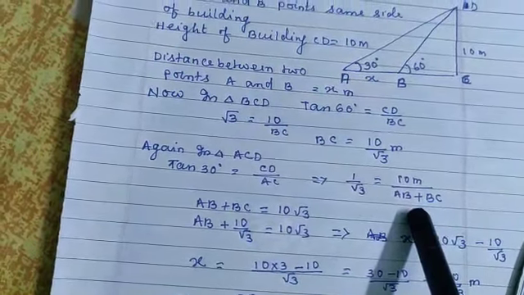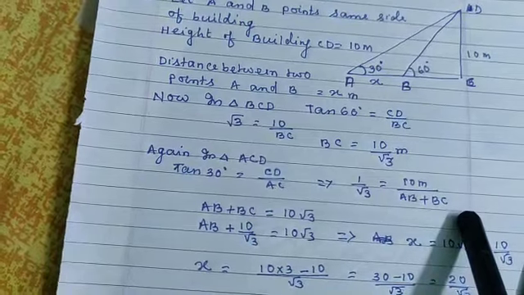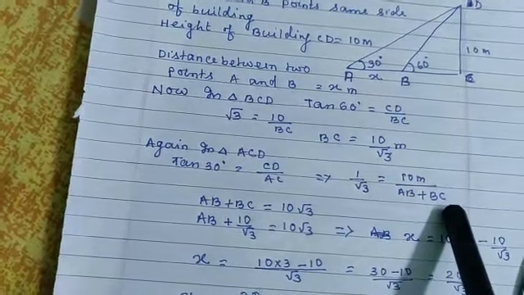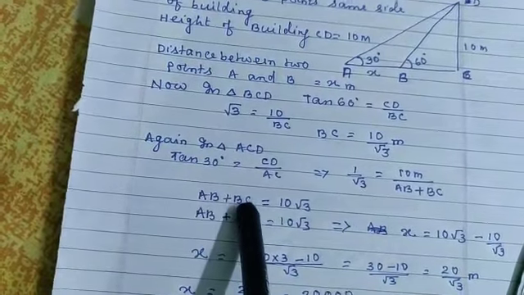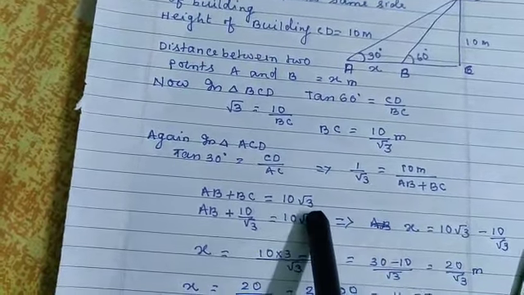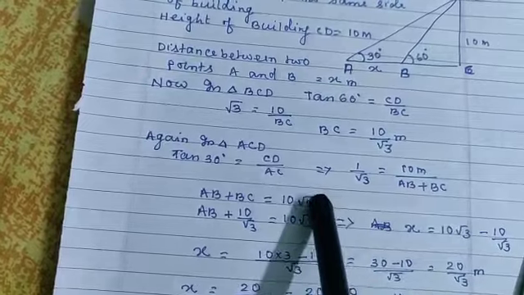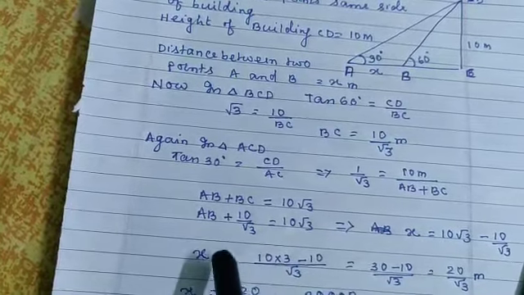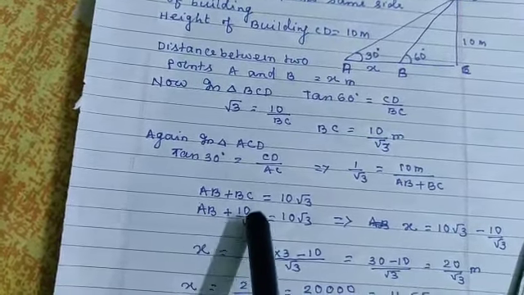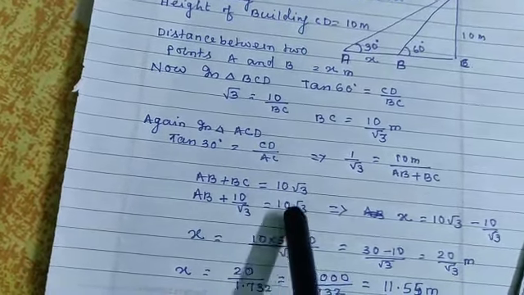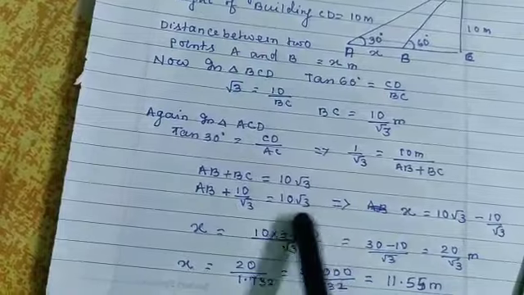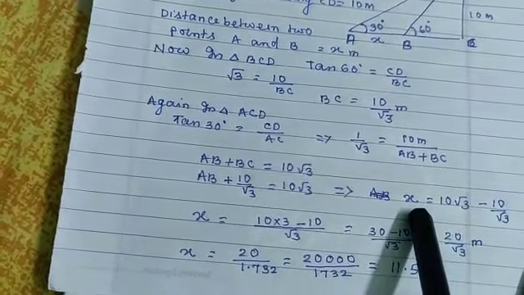AC is equal to AB plus BC, and we know the value of BC. Now AB plus BC is equal to 10 root 3, after cross multiplication. Now AB, substituting the BC value 10 by root 3, is equal to 10 root 3. Now AB is equal to x.